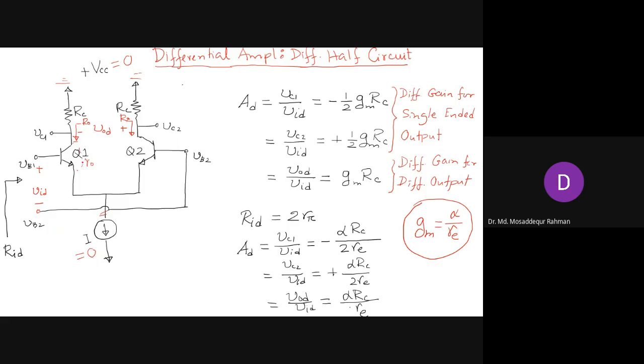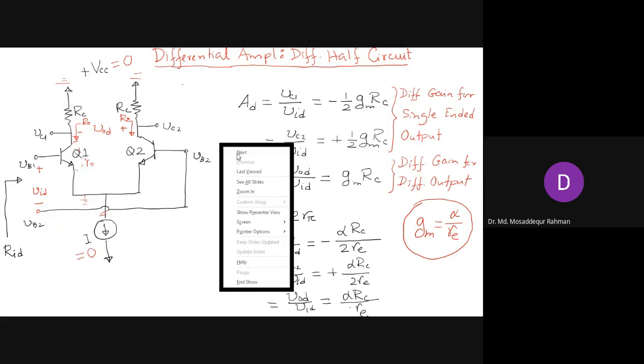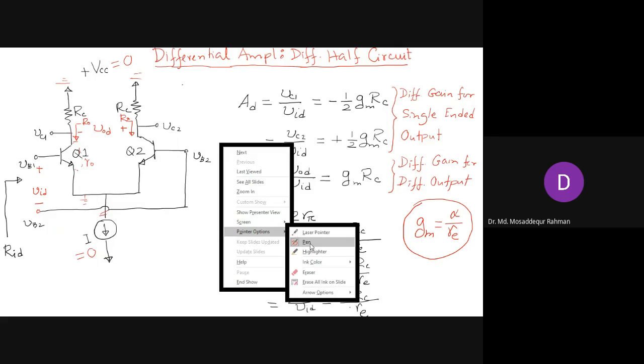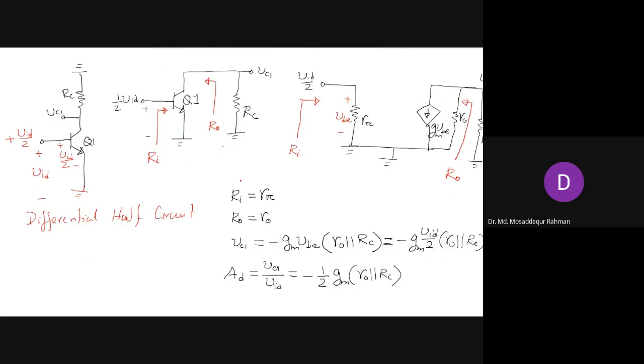Because for the small signal, let's say this part is ground and this part is also ground, this R naught comes in parallel with the RC. So that was not obvious in our first analysis. Now we have seen that this R naught is there. Okay, we have to move to the next step.